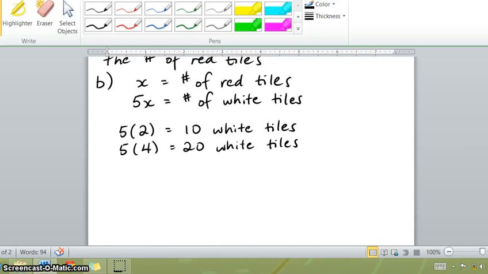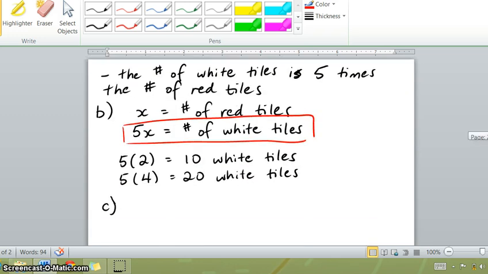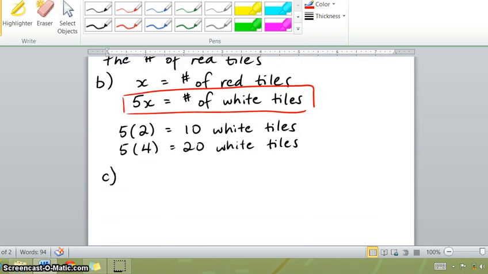Now question C asks, actually what I'm going to do is block out the expression we came up with in B, because it's 5x. C asks you, I'll go back up here, how many white tiles will there be if there are 16 red tiles? Well, that actually makes our calculation easy. We know that our expression is 5x, right?